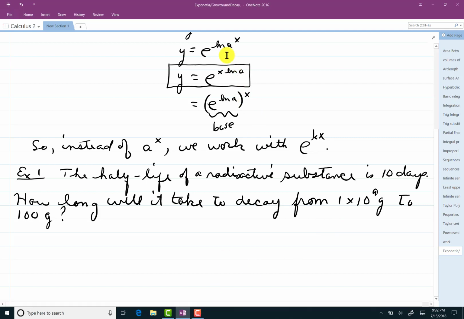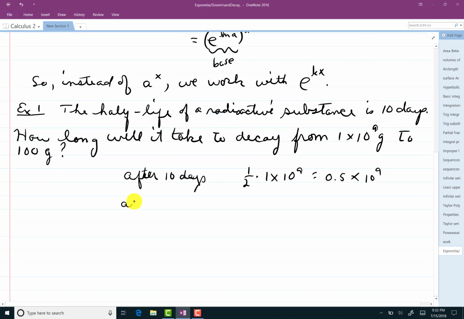Now, if I were to use the a to the x method, I would try to do something like this. After 10 days, how much would I have? I would have 1/2 of the 1 times 10 to the 9th power, which is 0.5 times 10 to the 9th.